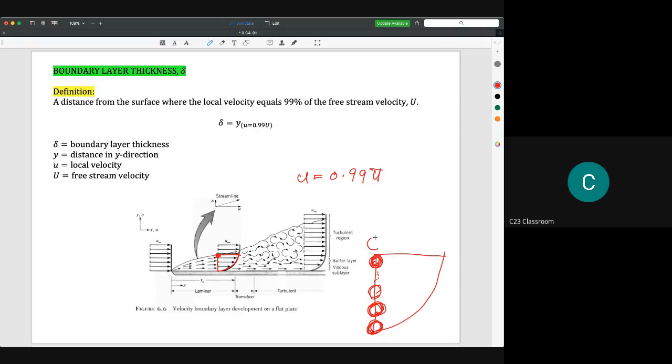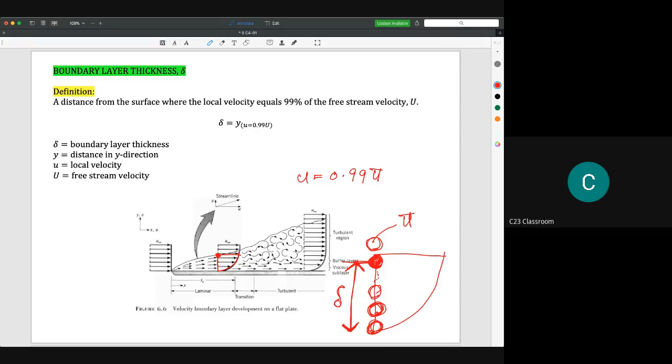And then this might be 100%, which is equal to the capital U, the free stream velocity. So the boundary layer thickness is the distance from this point, 99%, to the surface, the point of 0%. This is the boundary layer thickness delta.